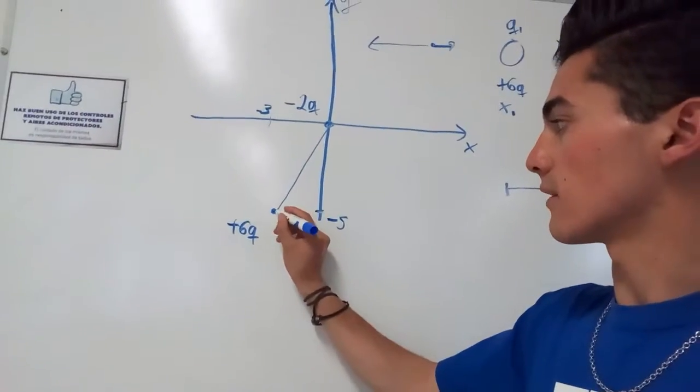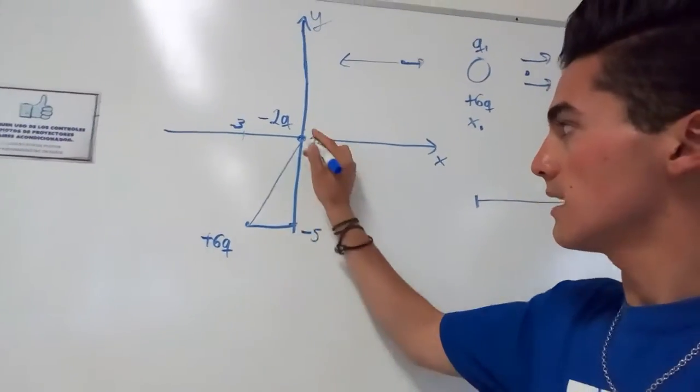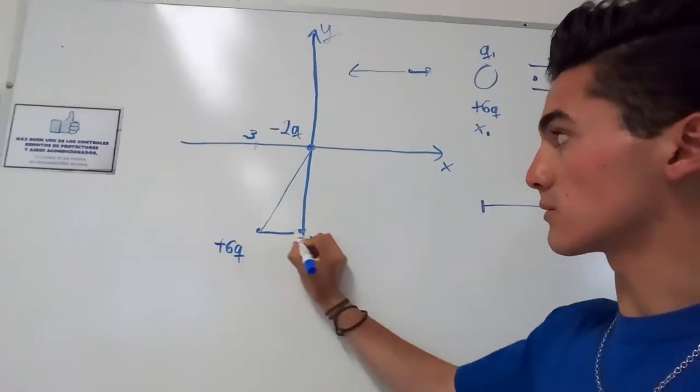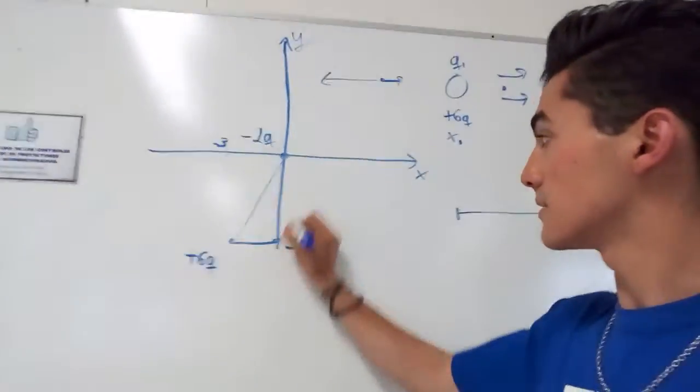the parts of this triangle, okay? Because we know that this part is equal to 3 and this part is equal to 5.